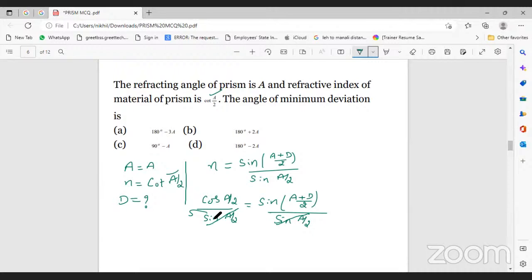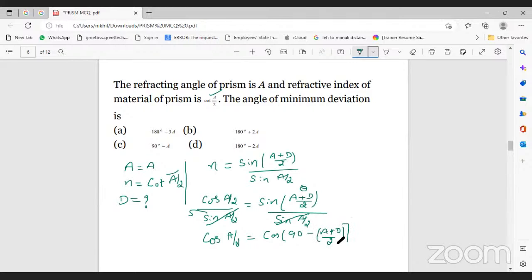Can you tell me what is sine of 90 minus theta? Cos theta. So I will take this cos A by 2 as it is. I will treat this entire thing as theta. This sin theta can be taken as cos of 90 minus theta. Theta means A plus D by 2.